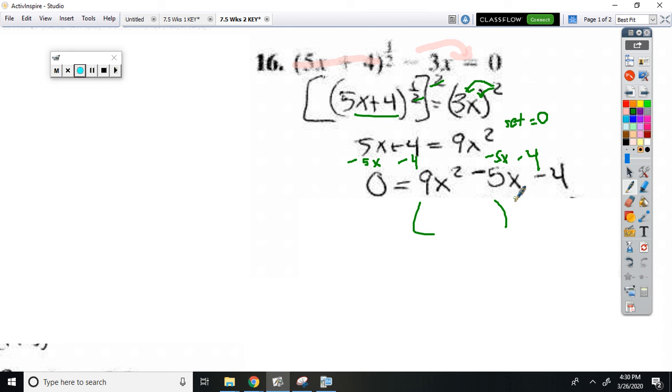Set up your 2 parentheses, and then it's either 3x and 3x or 9x and 1x until you figure out which combination will get you to FOIL back. I'm going to start with 9 and 1. Then my factors of 4 go in the last spot, which would be either 4 and 1 or 2 and 2. Well, I'm thinking 9 minus 4 is 5, so let's see if that will work.